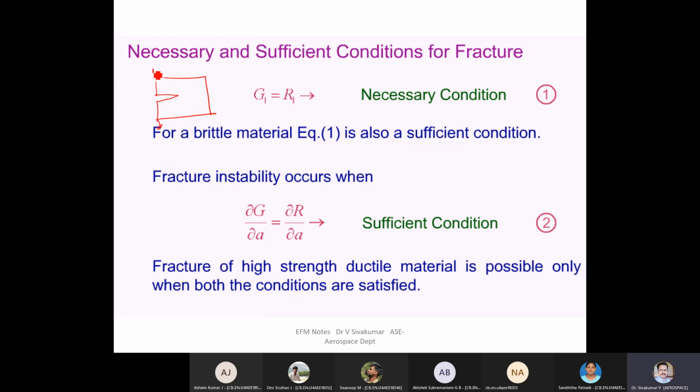Suppose you apply a force, your energy also increases. On the other hand, the resistance also will be offered. It will not increase, it will defend. The resistance will be a single number. When your G crosses beyond it, then only you will have the failure.